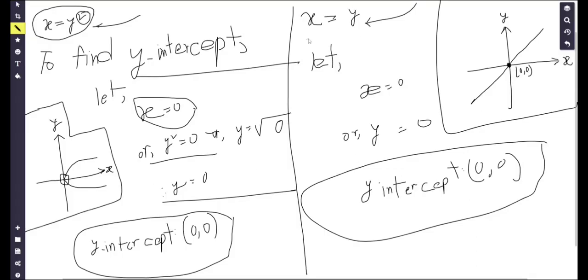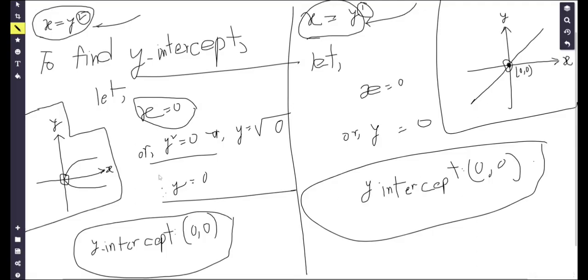And for this equation, this is the linear equation as I said, we find the y-intercept 0, 0. But look at the graph. Here is no repeated root, the root is 1 here. So the curve of this graph crosses at the 0, 0 point, or crosses the y-axis.